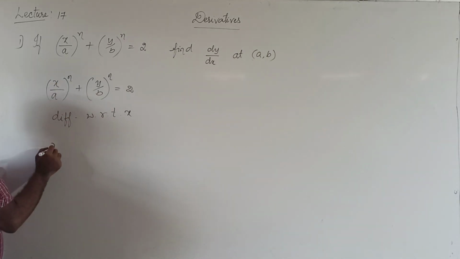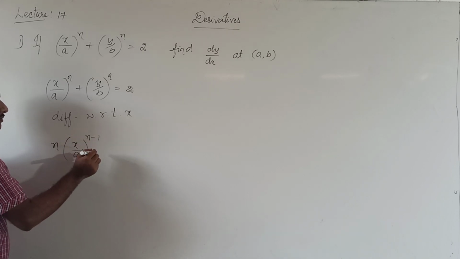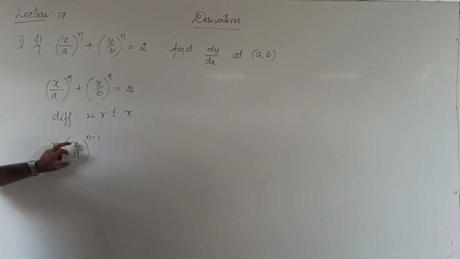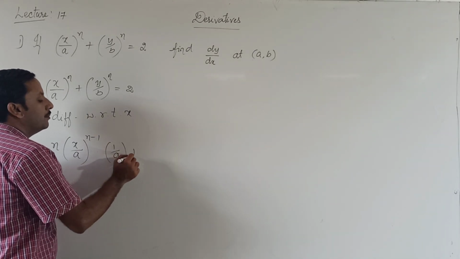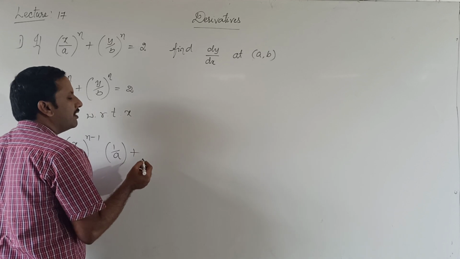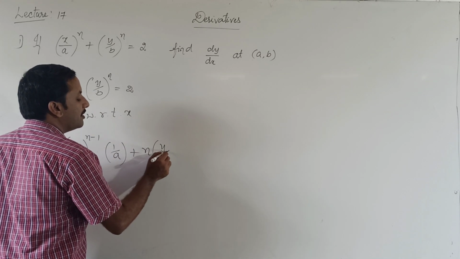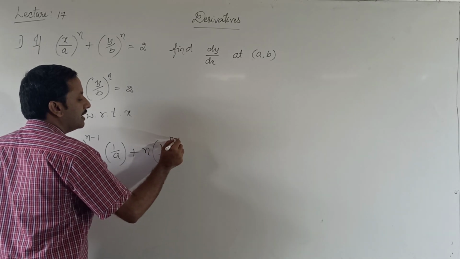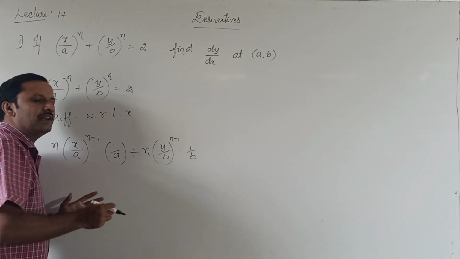So the derivative of this is n into (x by a) whole power n minus 1 into the derivative of x by a, which is 1 by a, plus n into (y by b) whole power n minus 1 into the derivative of y by b. Here 1 by b is constant, and it will remain.